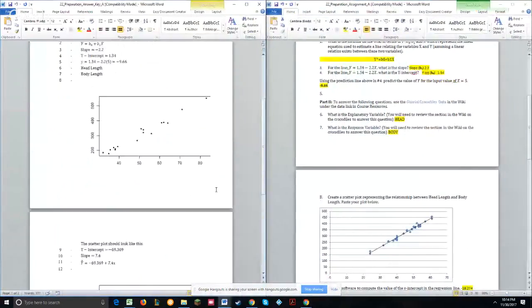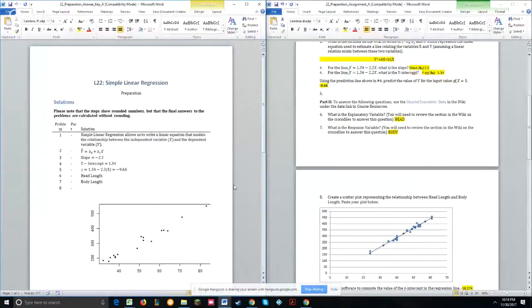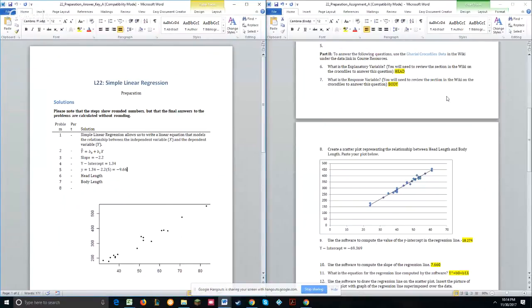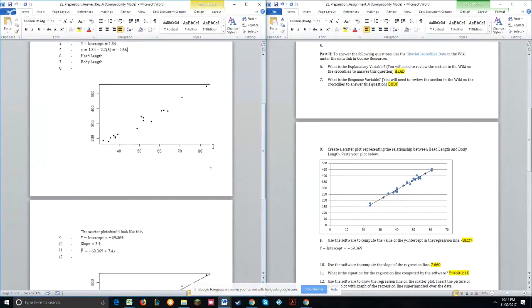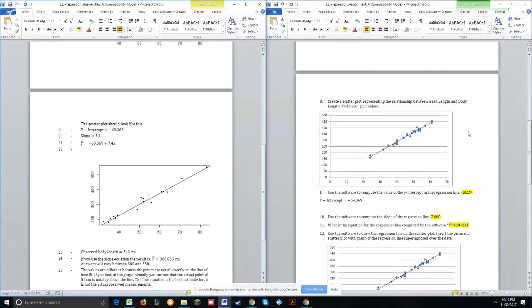Homework assignment. I'm sorry, the assignment part 2. And yeah, right here, where it says number 9, this is where I got thrown off.